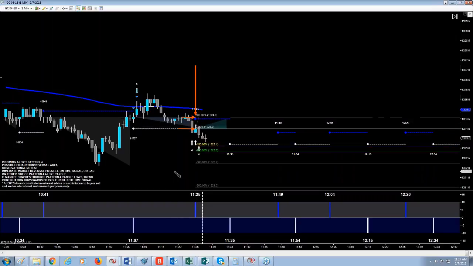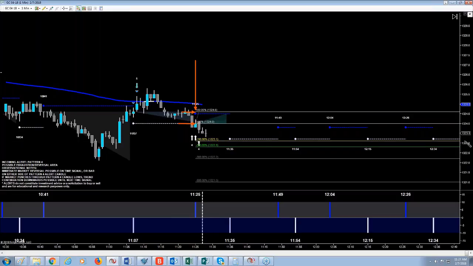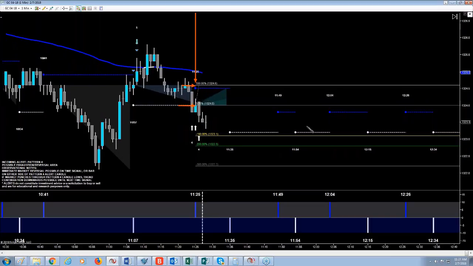So if you're short in gold, your first target is 23.1. That's 150% of your risk. 200% is 22.8. We'll see if it hits it.